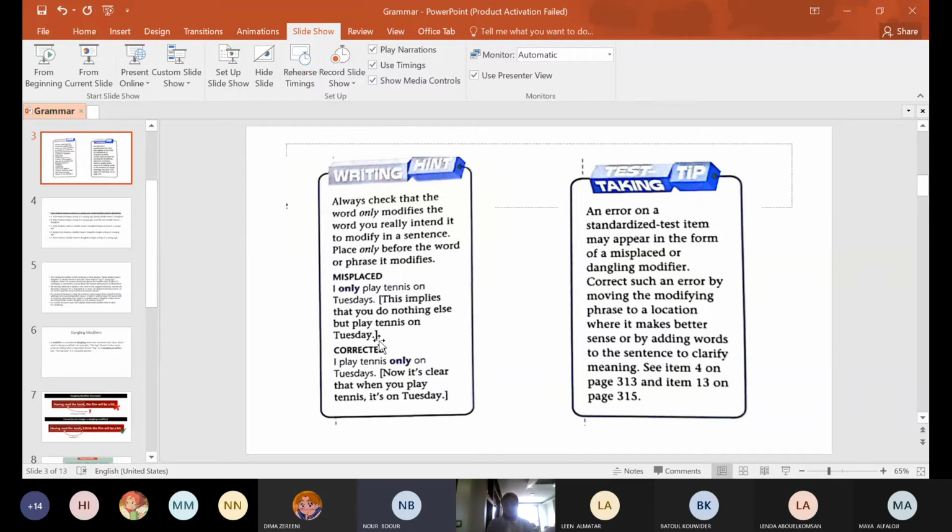Only: place it before, near the word it modifies, okay? So if I say Rufus only hides under the bed during a thunderstorm, it means Rufus is the only one who hides under the bed when there is a storm. But if I fix it, can we say Rufus hides under the bed only during a thunderstorm? Excellent. So he hides under the bed only during a thunderstorm.